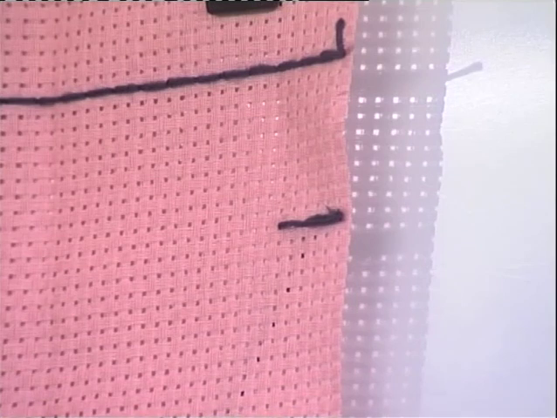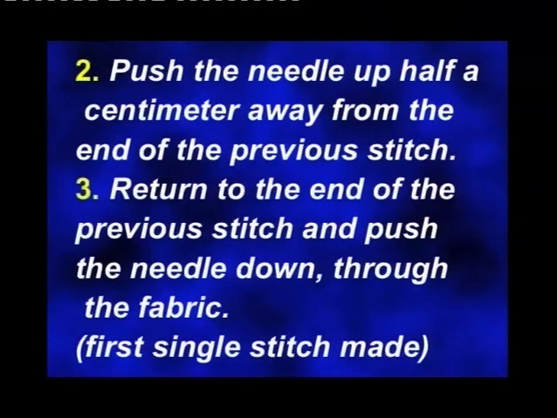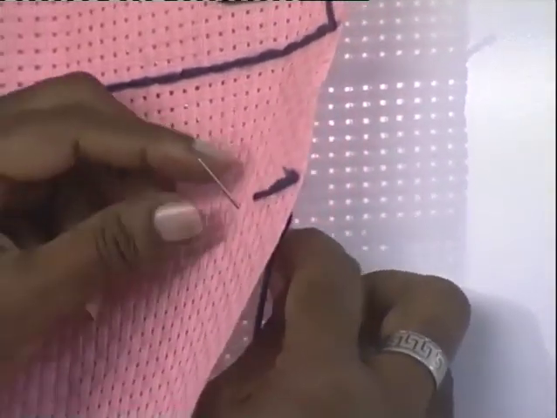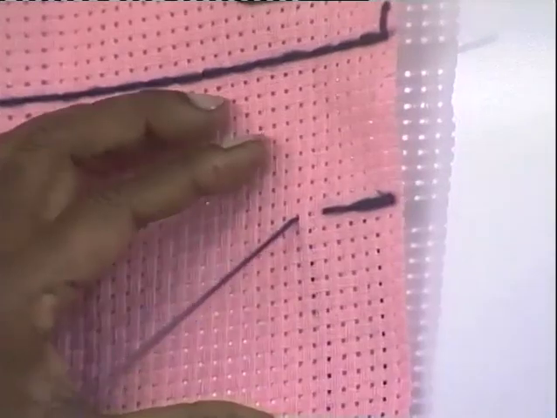Can I have you read step 2 again, please? Push the needle up half a centimeter away from the end of the previous stitch. Okay, so push the needle up about half a centimeter away from the stitch, and we pull it.